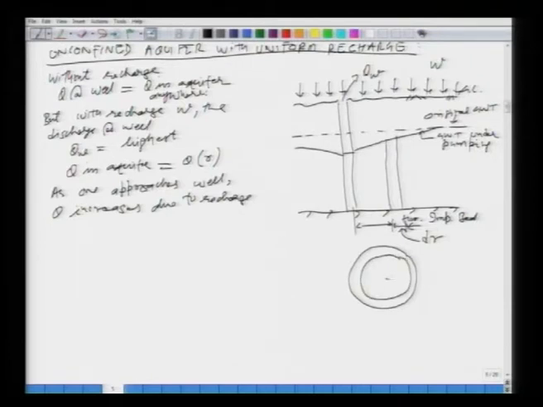You have the radius r and this is dr. And what is this whole thing? This is basically your cylindrical shell.